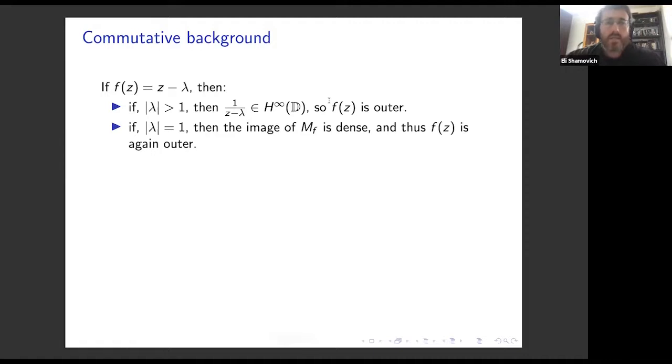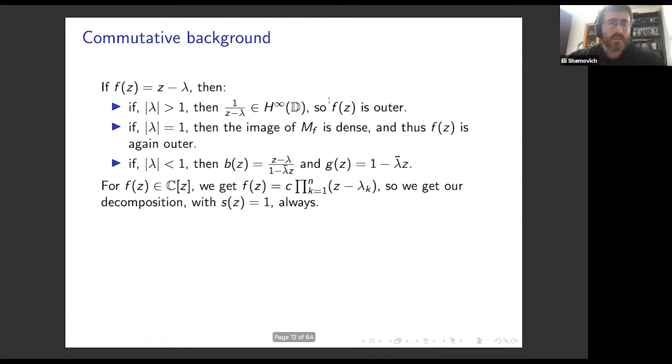If lambda is 1, then the image is dense. It's not everything, but it's still an outer function. And if the absolute value of lambda is less than 1, then this function has a zero, and we have a concrete Blaschke product and outer part of this polynomial. But the thing is that the singular inner part doesn't appear.